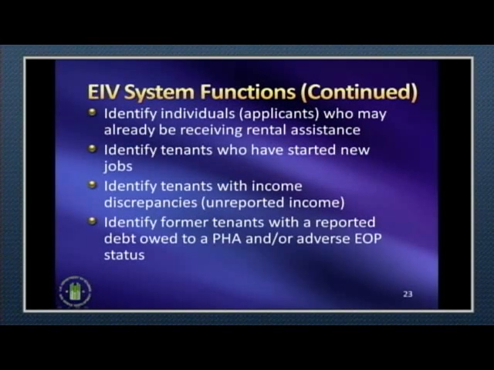Also, the system has the ability to identify applicants who may be receiving multiple assistance. Now, keep in mind, EIV in the context of income information is not available for applicants because HUD does not collect information from you on applicants. The system also identifies tenants who have started a new job. We'll talk about that later on the new hires report.